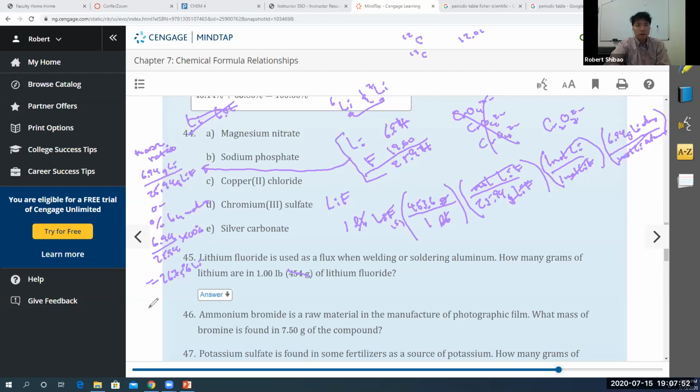Therefore, I can use this conversion factor, 26.75 grams of lithium for every 100 grams of lithium fluoride. These say the same thing. The mass ratio is the same as this fractional ratio, just normalized to parts per 100, whereas this is parts per whatever total we have.